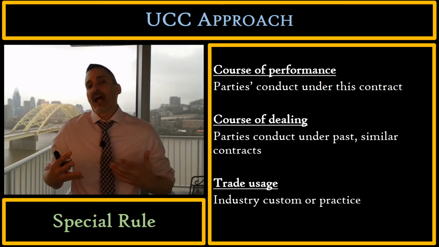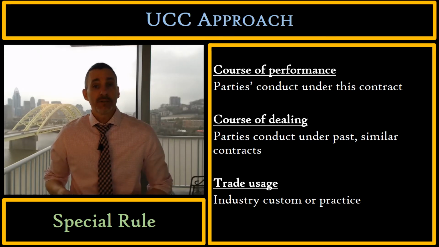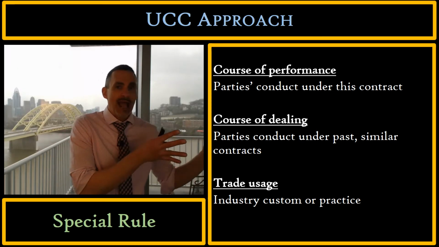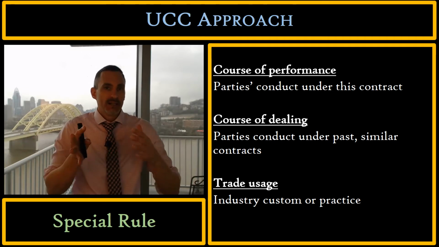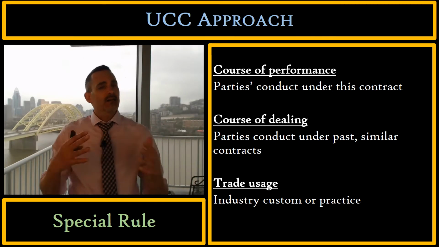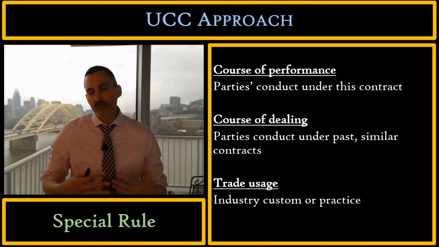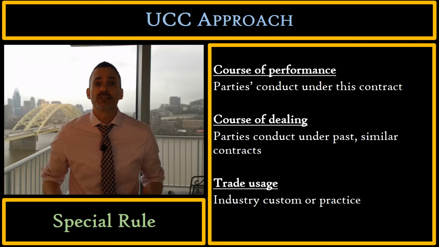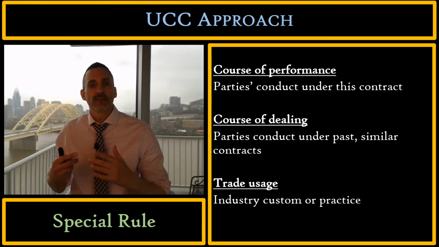Course of performance, I don't see how that is a prior agreement because we enter into a contract and then we perform it. So what happens is not an understanding prior to our agreement, it's an understanding after it. In either case, it doesn't matter whether course of performance, course of dealing, or trade usage is parol evidence or not under the UCC because there is a separate rule for it. Let's look at that rule.